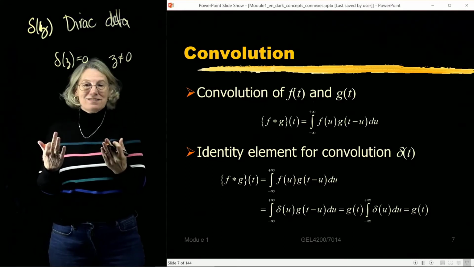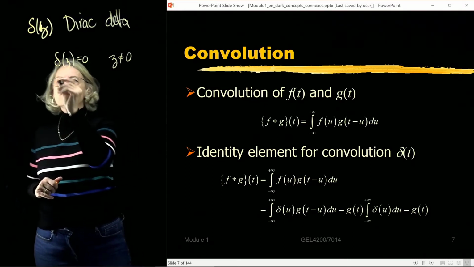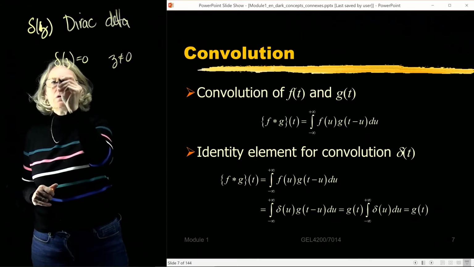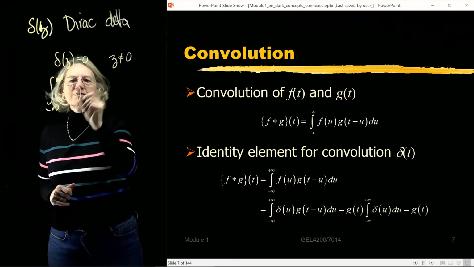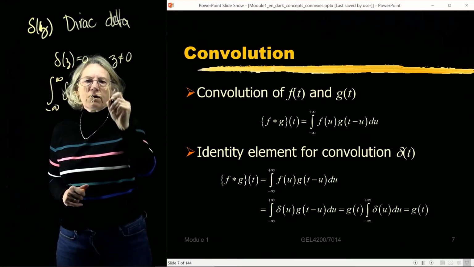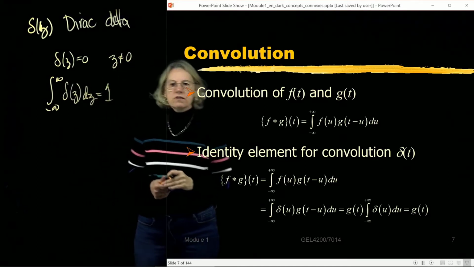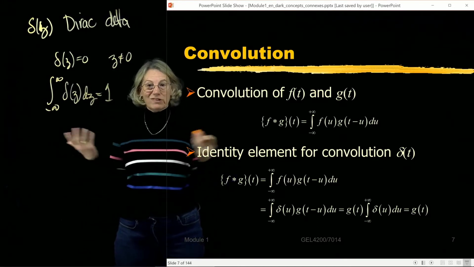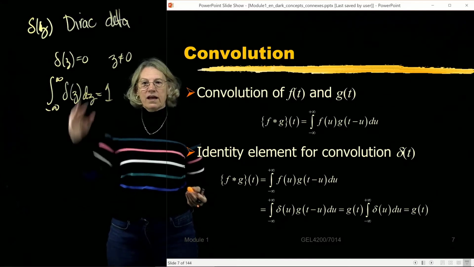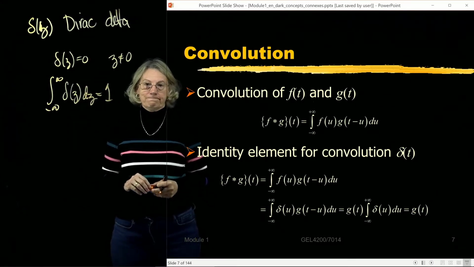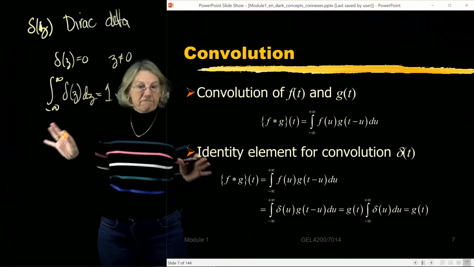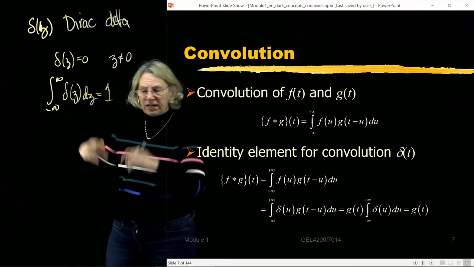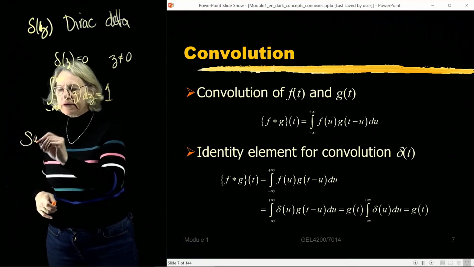I don't say what it is at 0, but what I do say is that if I take the integral of this delta function, I will get 1. So I know that the area under the curve is 1, but it's not really defined at the origin. So that's the definition. And this definition gives what we call the sampling property.